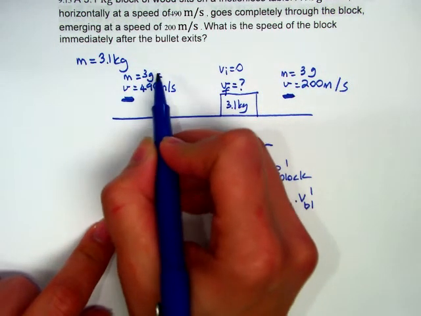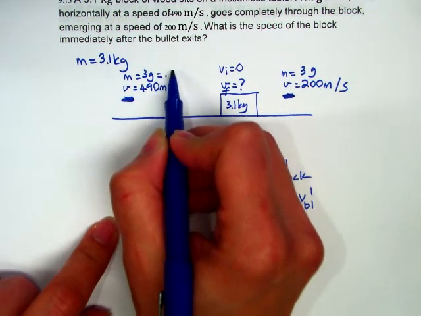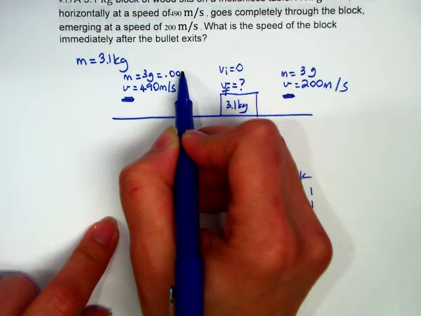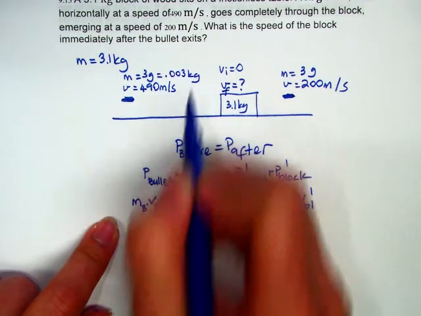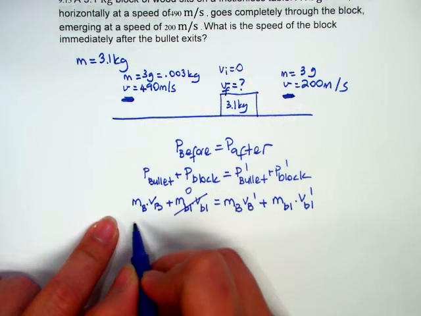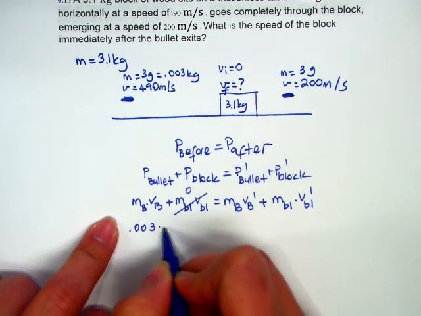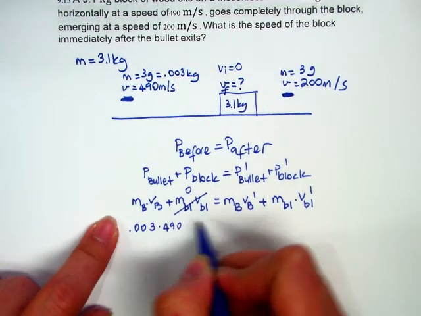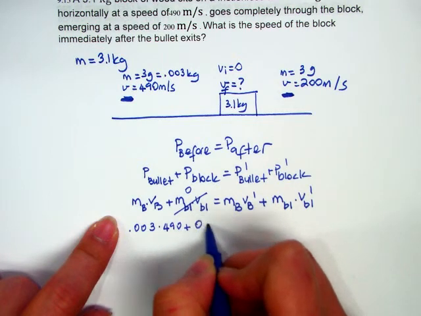I'm going to convert this to kilogram because I want kilogram meters per second at the end. Then I'm going to plug in the mass times velocity, and this is plus 0.